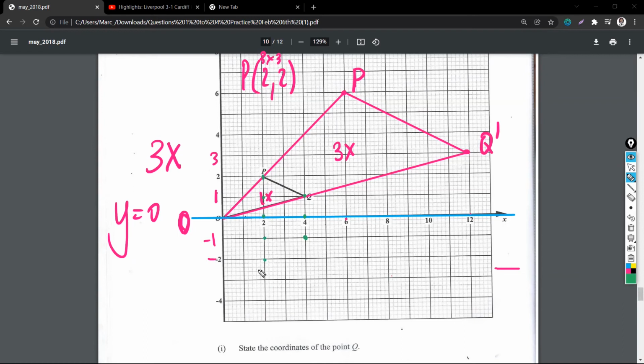You guys remember the counting in reflection? 1, 1, 2, 2. It's very easy, guys. So all you have to do is just count 2 and count 1. And this would be P double prime, and this would be Q double prime. And that would be the answer. So this is the reflection, and you're gonna draw it from the origin to here. And that's the reflection.